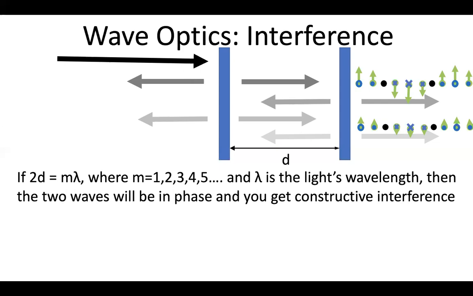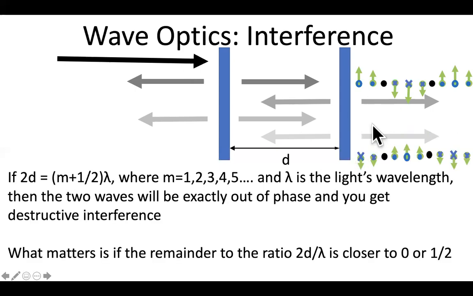Now, on the other hand, if this wave traveled half a wavelength or 1.5 wavelengths to bounce back and forth once, then when the electric field here is positive, the electric field here is negative. Then they're out of phase. They're exactly out of sync, and they'll cancel out.